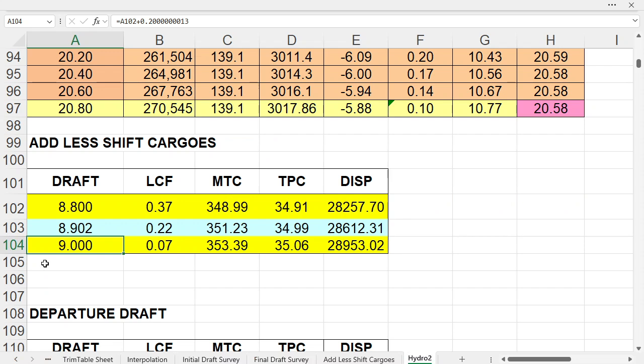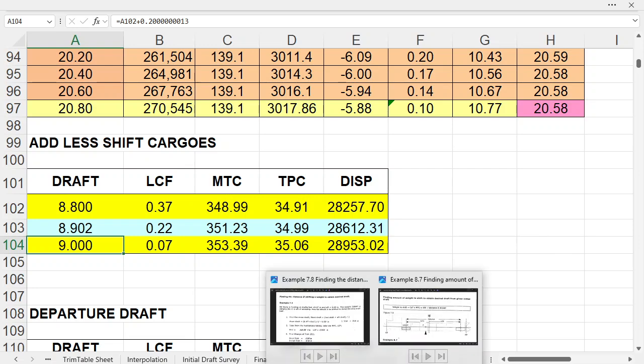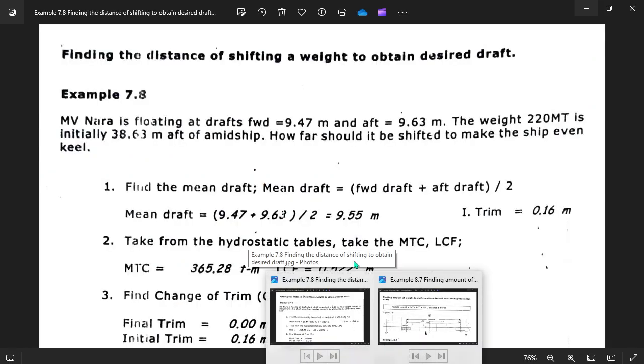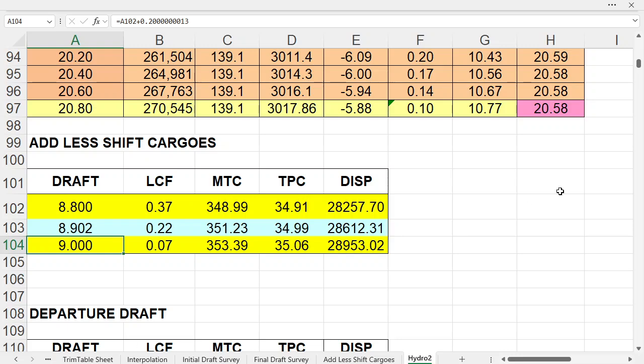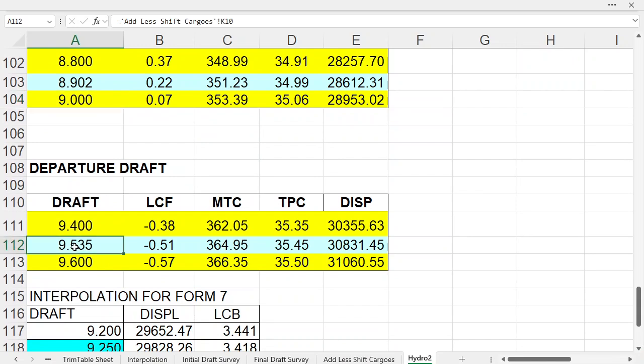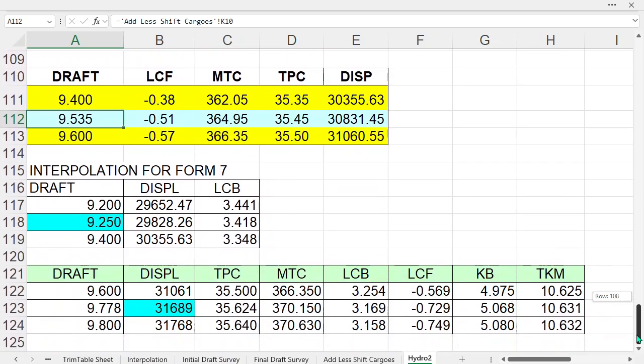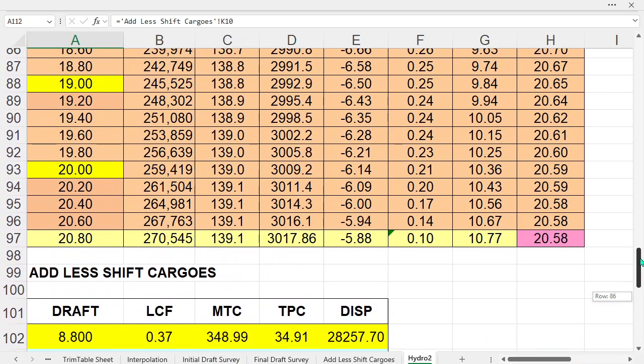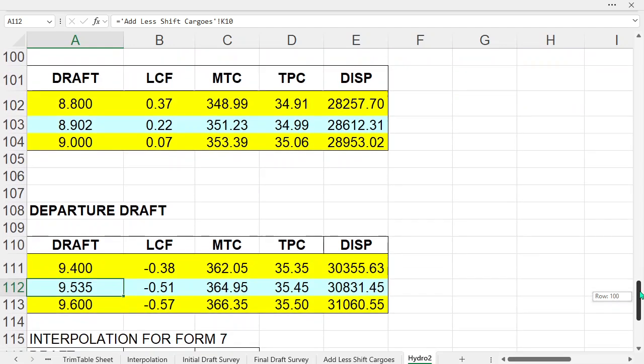It says, how much is the draft? 9.55. So we put here 9.55.